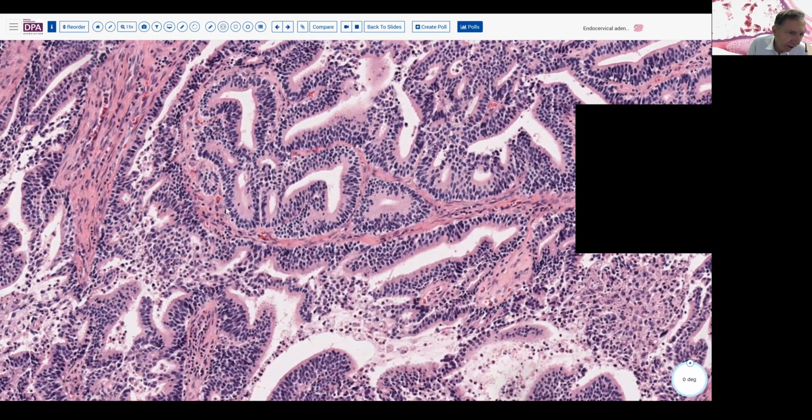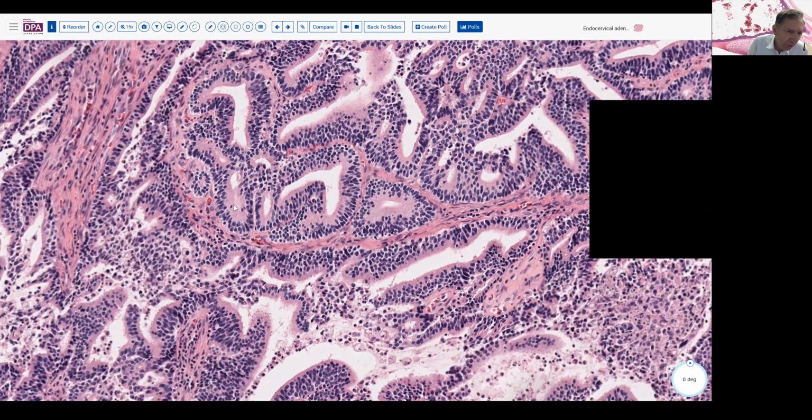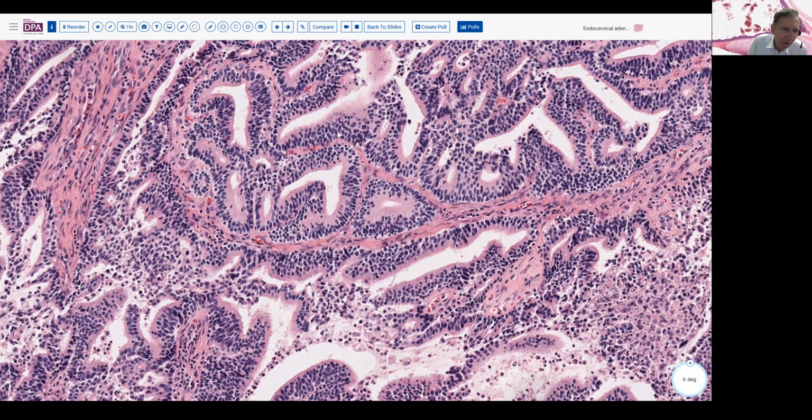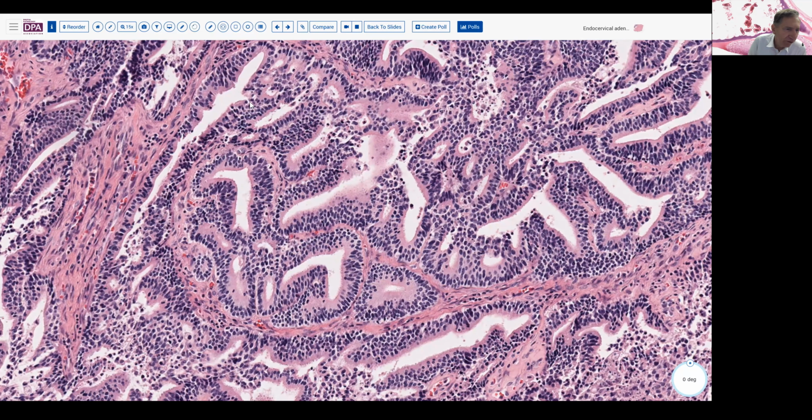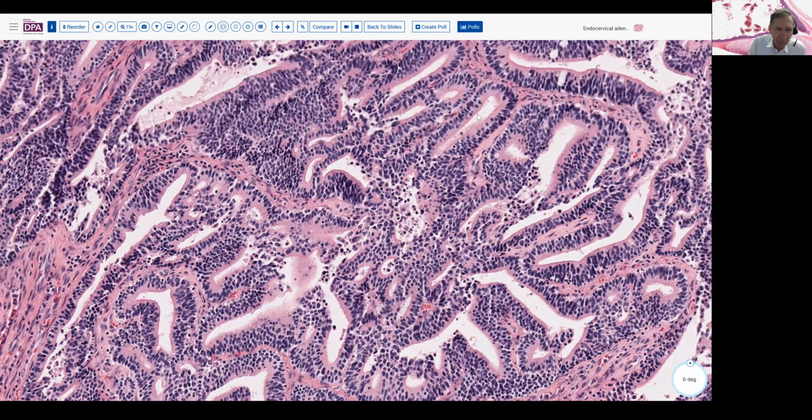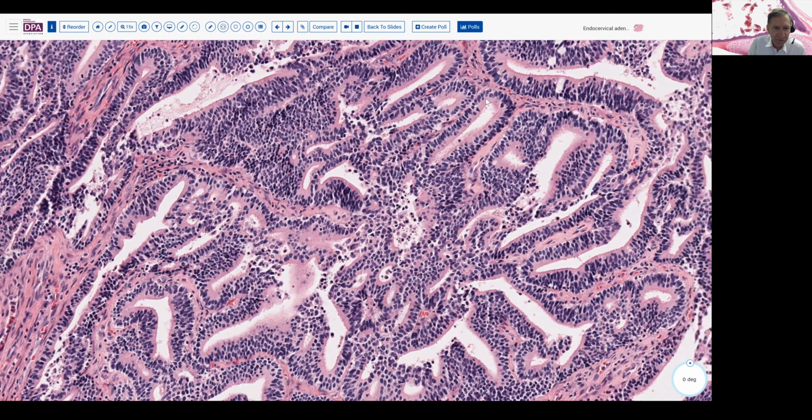There are areas where you see suprabasilar mitotic figures. When I say that, in the endocervical adenocarcinomas, the mitotic activity tends to happen up near the lumen. So to divide, the nucleus moves up towards the lumen and divides, and then goes back down towards the base. Additionally, in these lesions, you'll see karyorectic debris very characteristically.